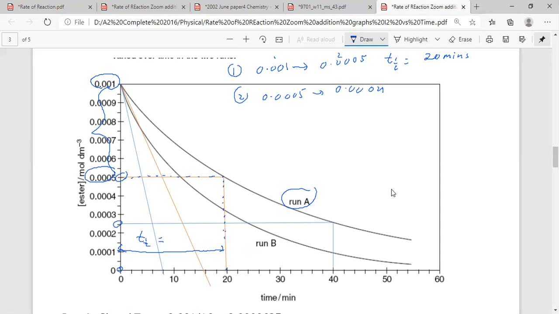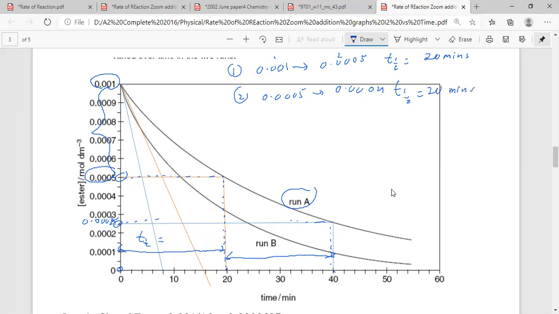I start at 20 and go to 40, so that is 20 to 40. It's the time taken to go from 0.0005 to 0.00025. So again, what's the half-life here? I found it to be 20. This is from the graph, isn't it?